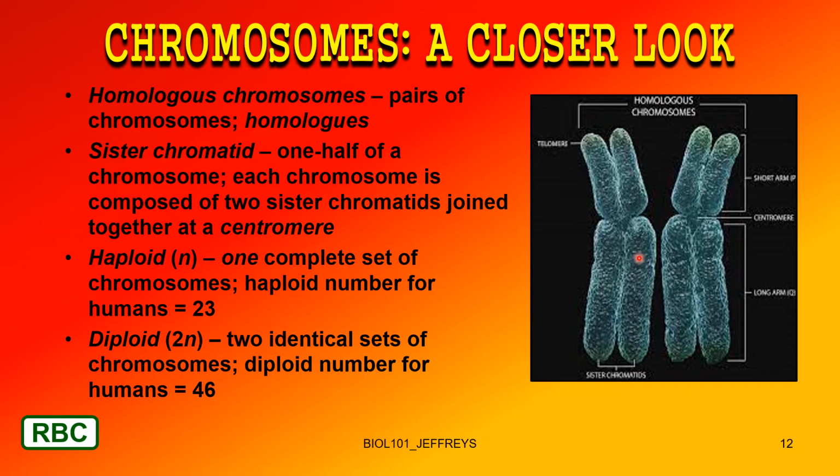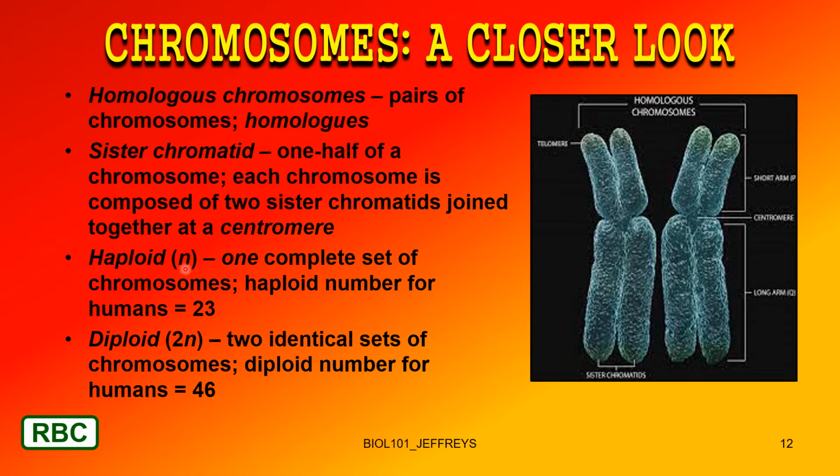Now that 23 is 1/2 of the 46, and so for that reason we refer to it as haploid, and we denote it with the lowercase italicized n. So that n, in the case of humans, stands for 23. So one complete set of chromosomes, the haploid number for humans, is 23. Okay?